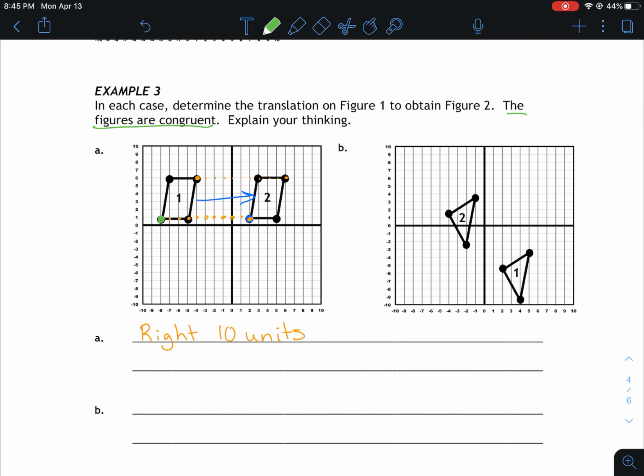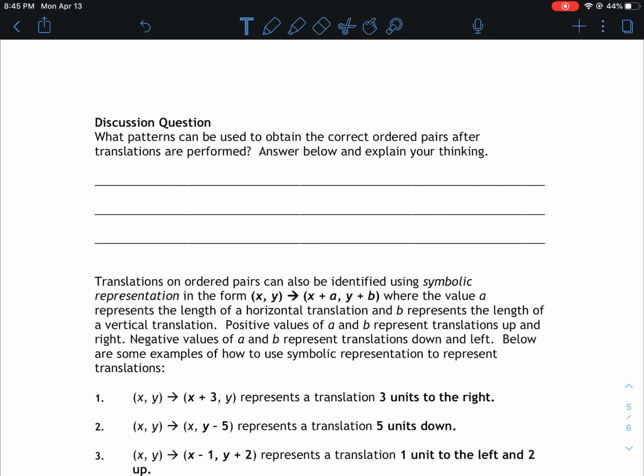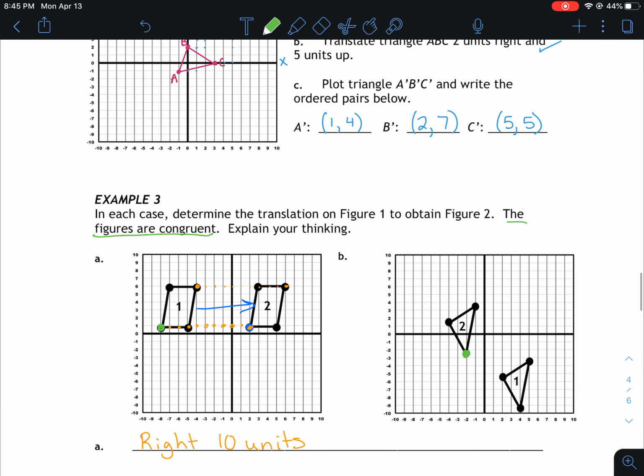All right, this next one here, if we pick this point right here on the bottom part of our triangle, and we pick this point over here on the bottom of this triangle. Remember, we're talking about pre-image 1 to pre-image 2.